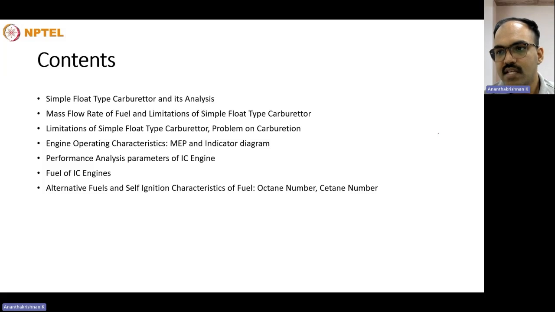In this week, we will see a few problems on carburetor. The week's lectures were basically based on the simple flow type carburetor and its analysis, the mass flow rate of fuel, and limitations of the simple flow type carburetor. Then a numerical problem was solved on carburetor. Then the engine operating characteristics, mean effective pressure, and the indicator diagram.